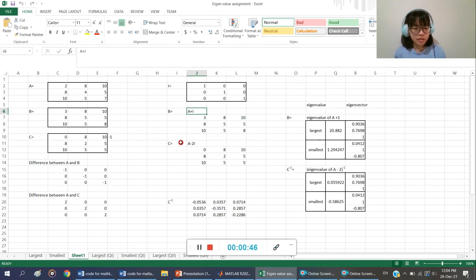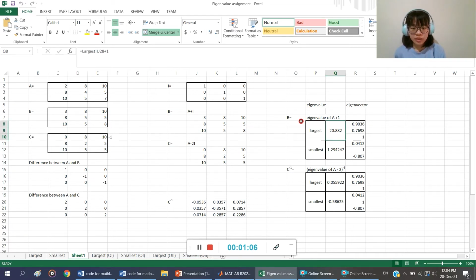However, matrix C is A minus 2 identity matrix. By using this equation and replacing 1 into the identity matrix, I will get the highest eigenvalue and the lowest eigenvalue for matrices B and C.